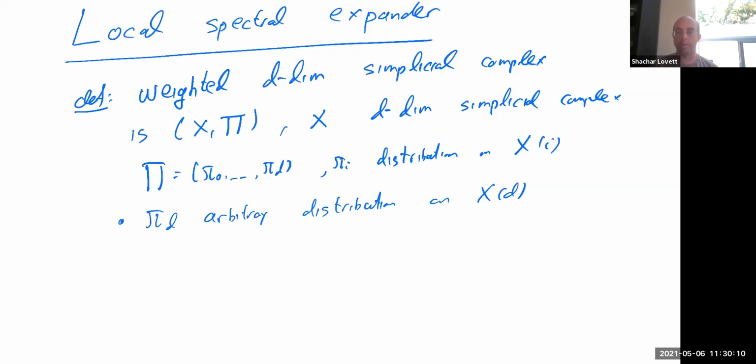We sample a top-level face based on pi_d. If I want a distribution over the k-th level, I randomly choose a k-face inside it, and that's going to be the distribution pi_k. So pi_k is defined as follows, for k between 0 and d minus 1.